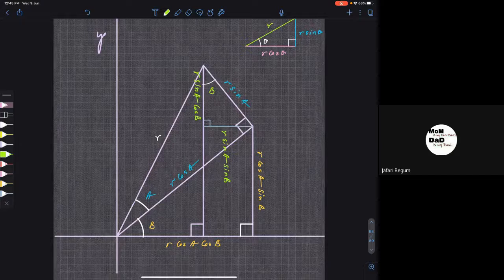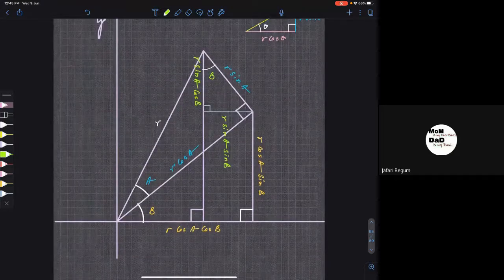Now I'll make it clear that this is the side from here to here. Clear? And this side is from here to here. Are you getting my point?